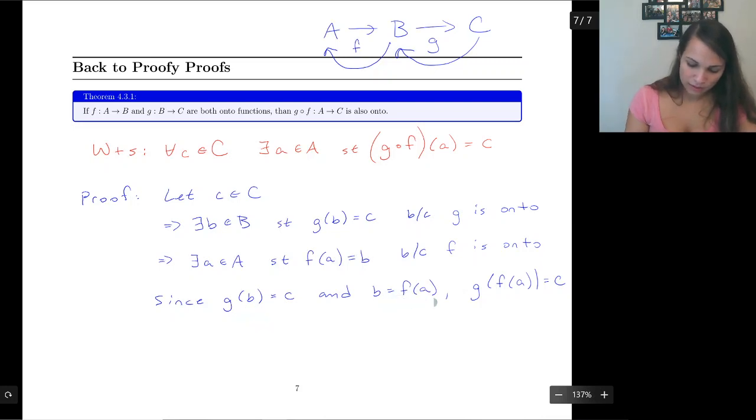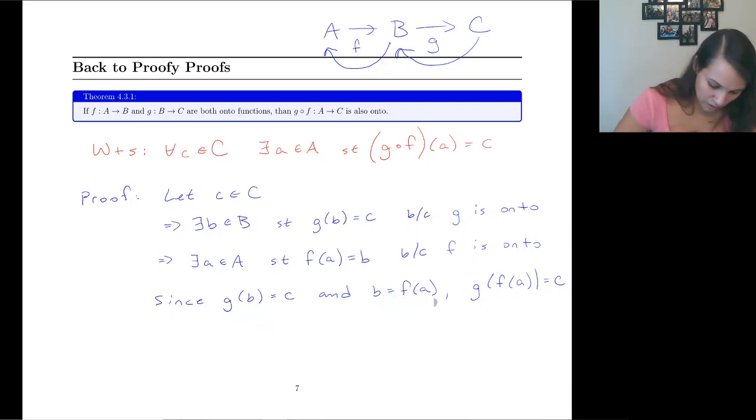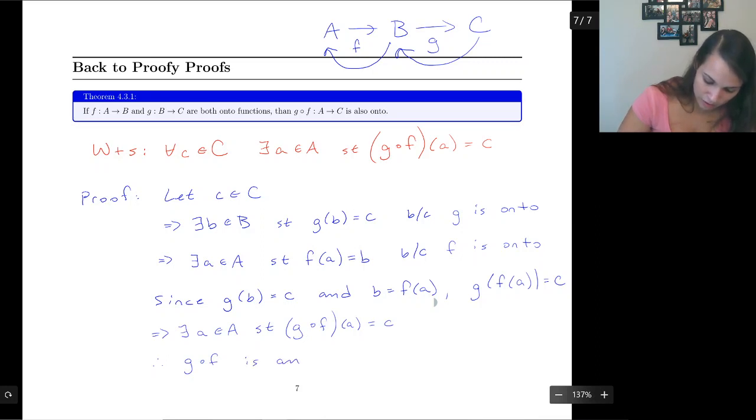Okay. So that means that we have found the a that exists. So there exists an a in A such that g composed with f of a will be equal to c. Therefore, g composed with f is an onto function.